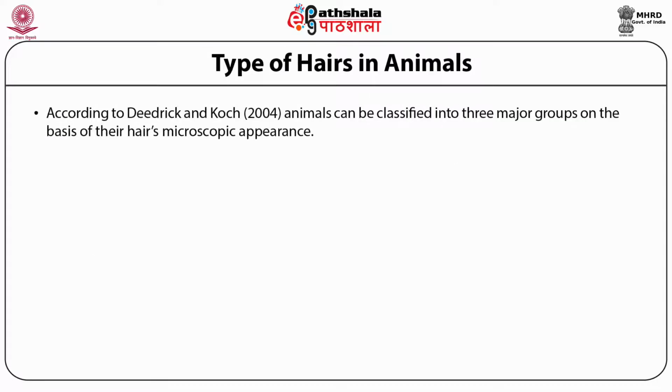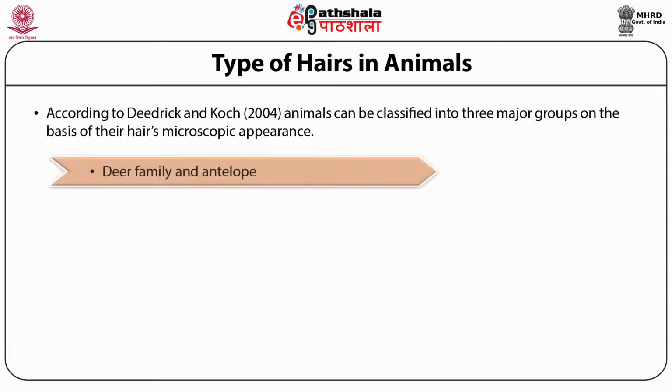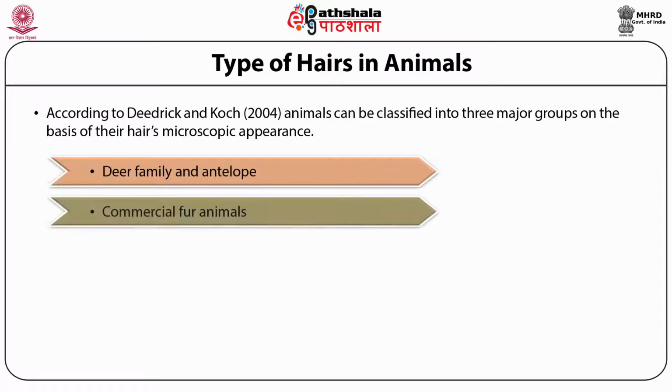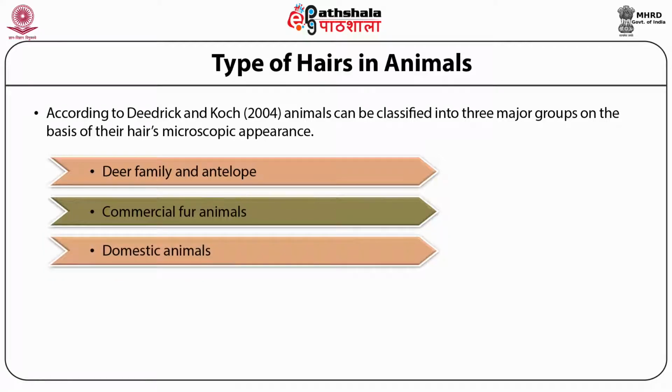According to Dedrick and Koch, animal hair can be classified into three major groups on the basis of their microscopic appearance. These types are deer family and antelope hair, commercial fur animal hair, and the third is the domestic animals hair.